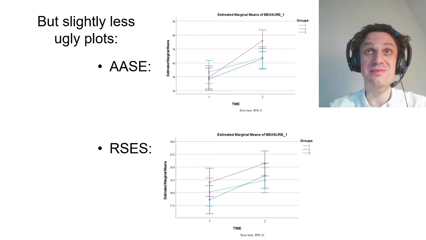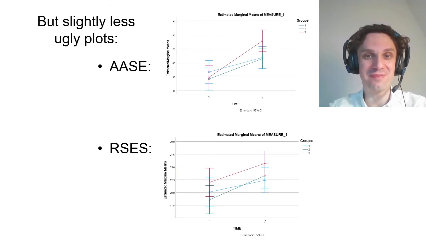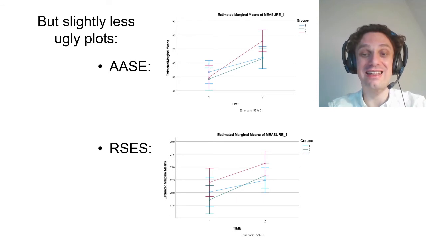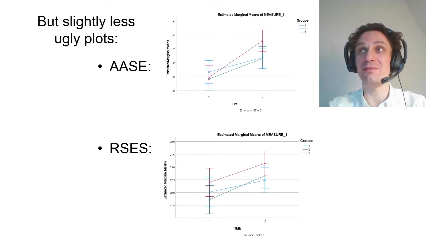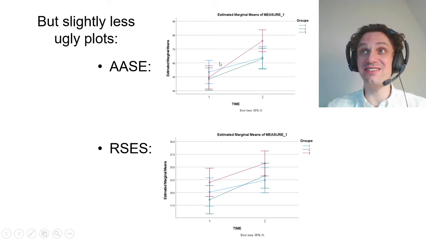And we can ask SPSS to give us some plots. In version 27 in general linear model, the plots look a little bit nicer. At least you can make a little bit of sense of them because they have confidence intervals now. However, the problem is that they overlap.